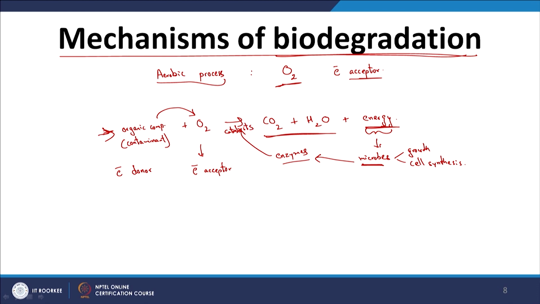If there are no microbes and you conduct this experiment in the lab, putting in that organic compound and oxygen and looking at the rate of the reaction, the kinetics might be way too slow. But if you have the microbes, because they want to get energy, they release these enzymes, which can facilitate or speed up the kinetics of this process. So this is the general outline.